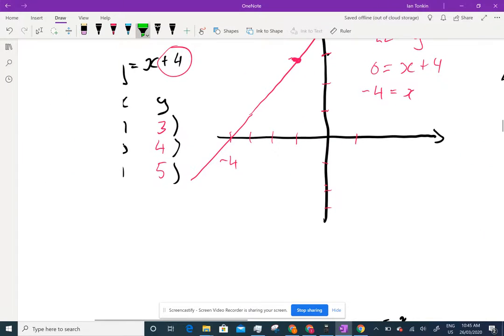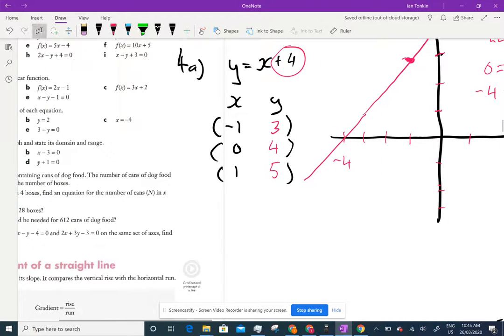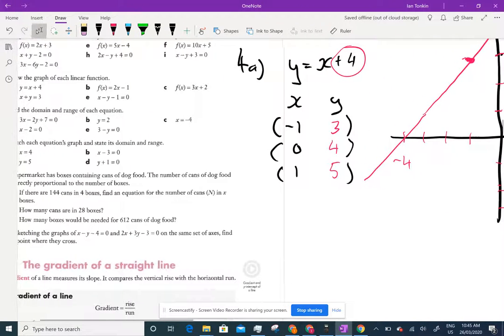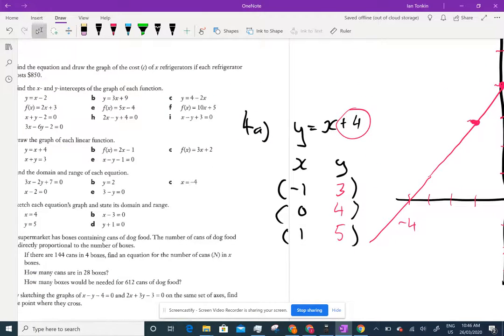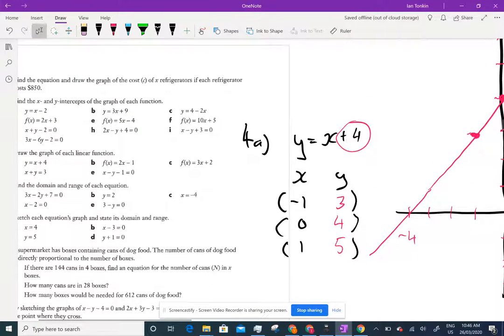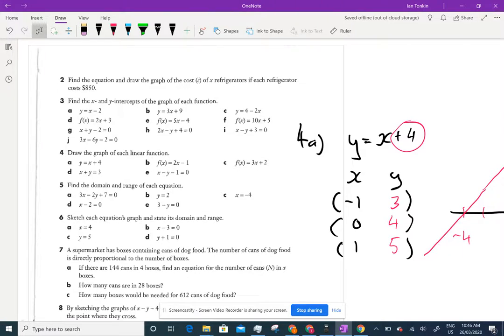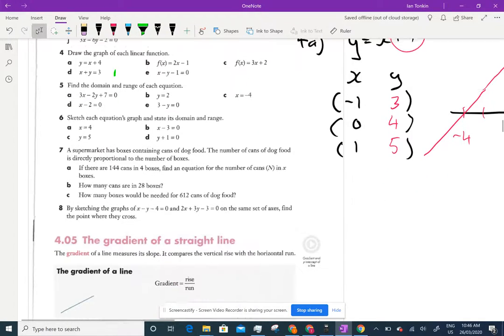All right, let's do one that's not written the way we like it. Oh, I graphed the wrong one. I graphed this one up here. Well, that's okay, it doesn't matter. I would have done the same here with this one. I want to graph this one because I think it's the only negative one there.